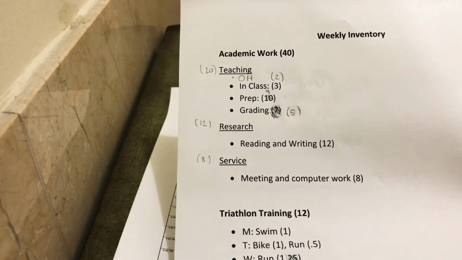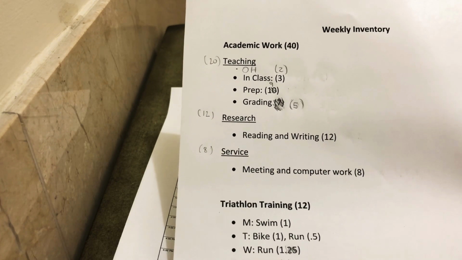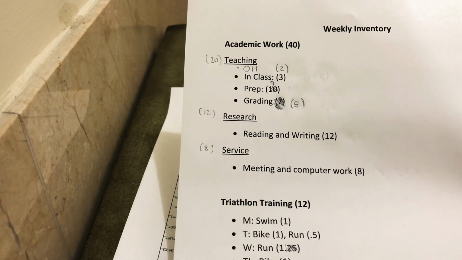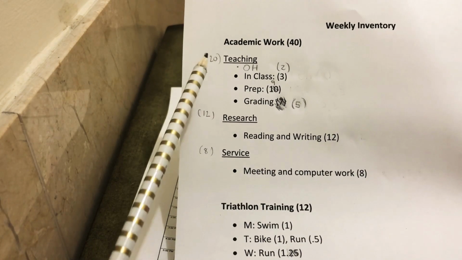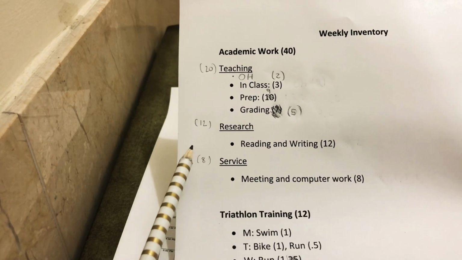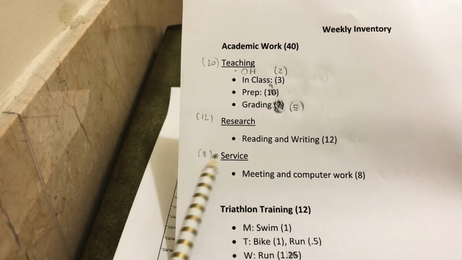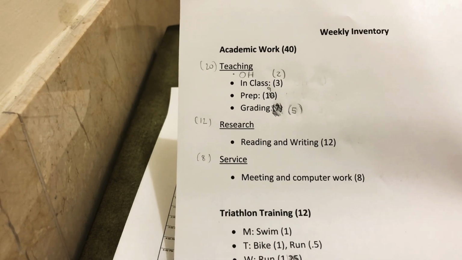I've tried to break these categories down based on hours. So for my work, I divide my 40-hour work week into 20 hours connected to teaching, approximately 12 hours connected to research, and approximately 8 hours connected to service.